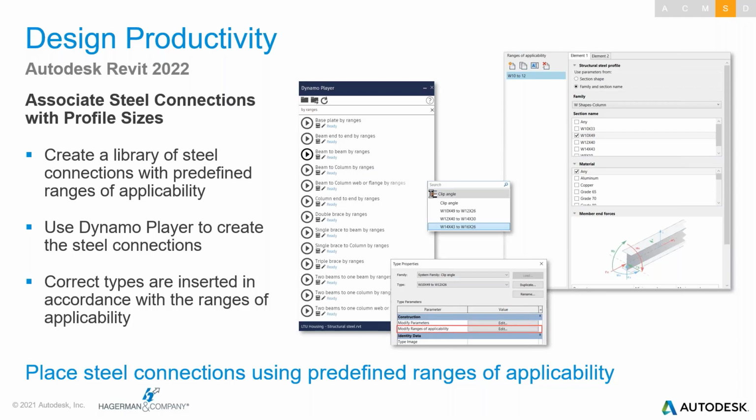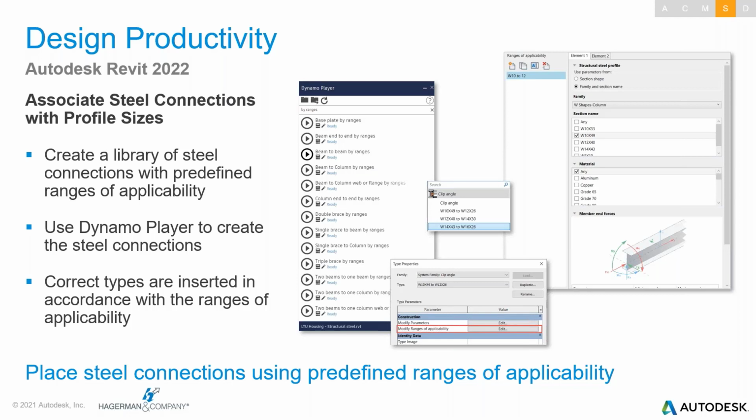Once you have configured your library, you can open your Revit project and begin using your predefined rules with Dynamo Player. And this will place the steel connections automatically. So single plate connections, shear end plate connections, clip angles, base plates, columns, splices, and many other connections that are typically pre-designed and standardized can be placed faster and more accurately using this approach.